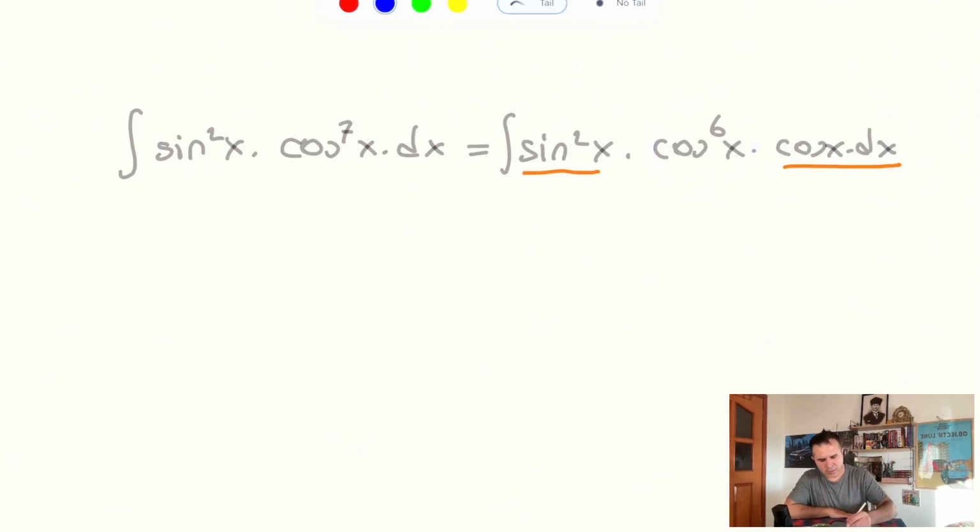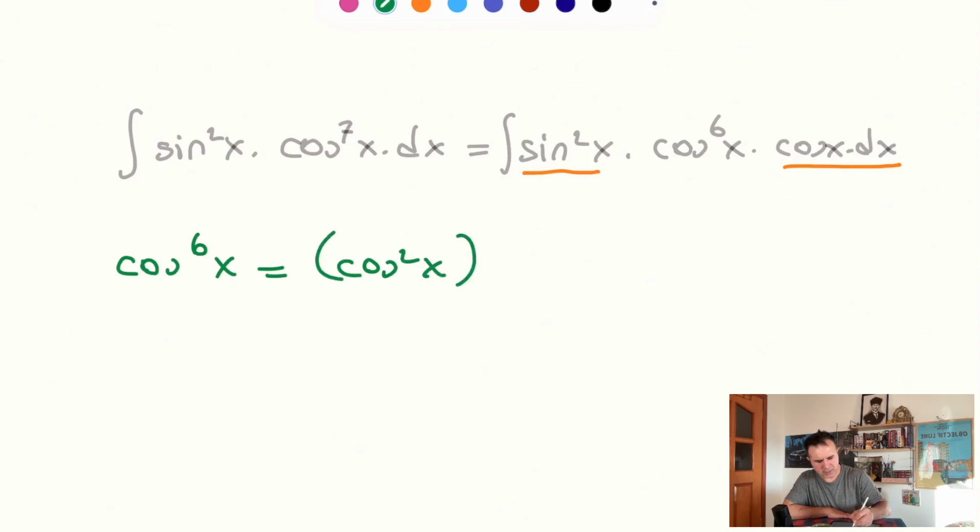And we know that cosine to the power of 6 x is equal to cosine² x cubed. And cosine² x is actually equal to 1 minus sin² x.